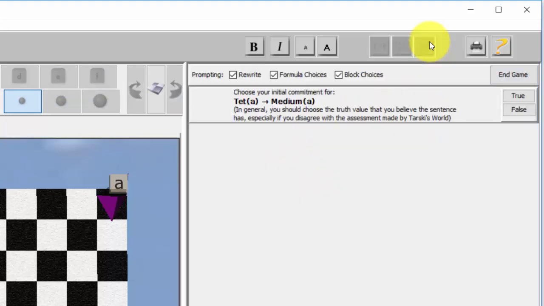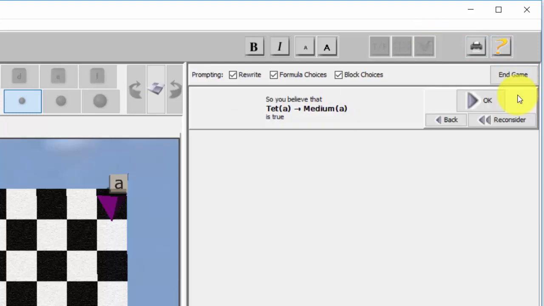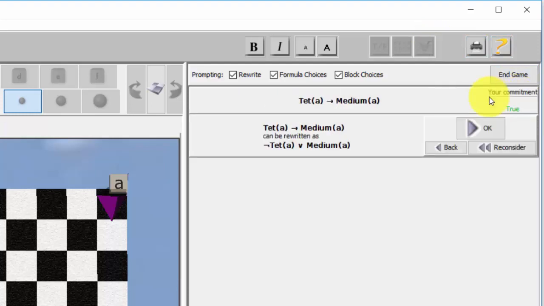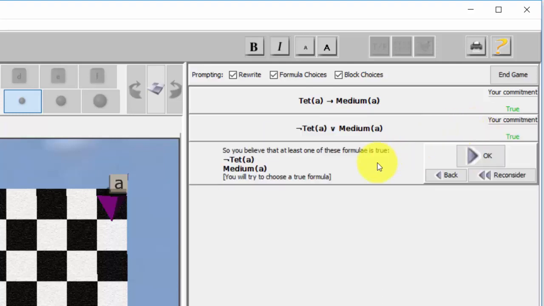So let's say for some reason we thought this was true. Again, it can be rewritten as either the antecedent is false, that is, it's not the case that A is a tetrahedron, or A is medium. So I must think that at least one of these is true if I'm committed to this disjunction.